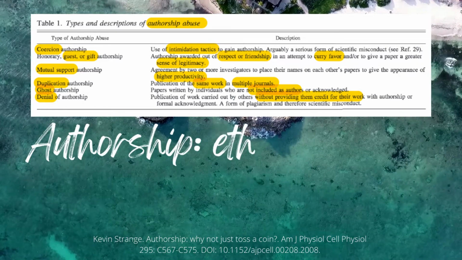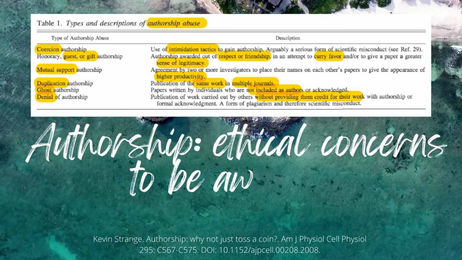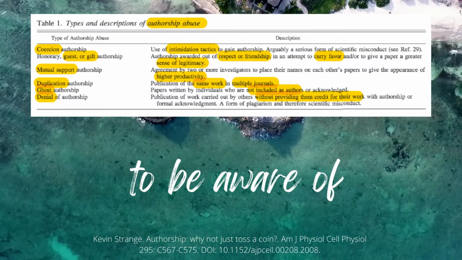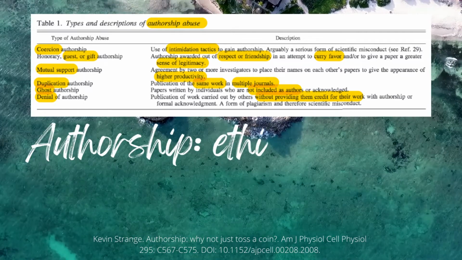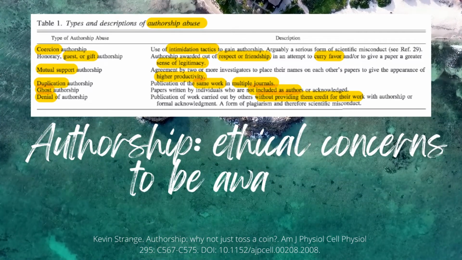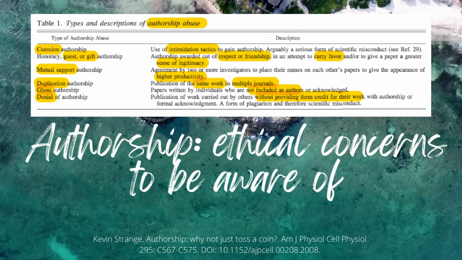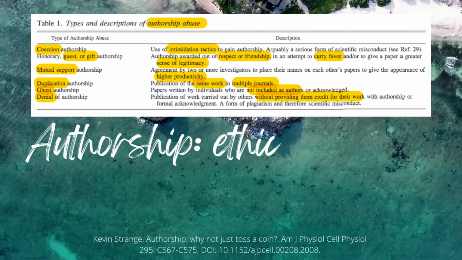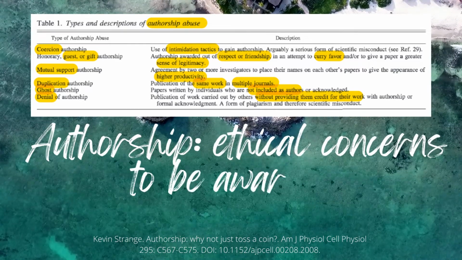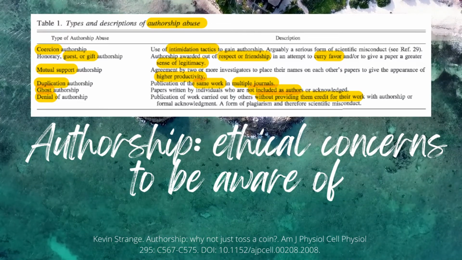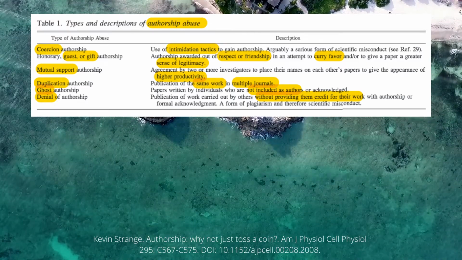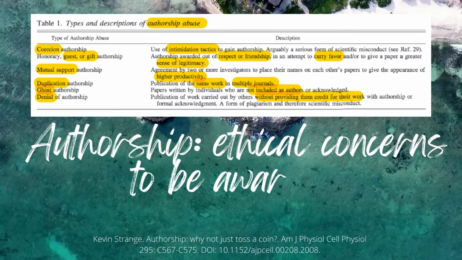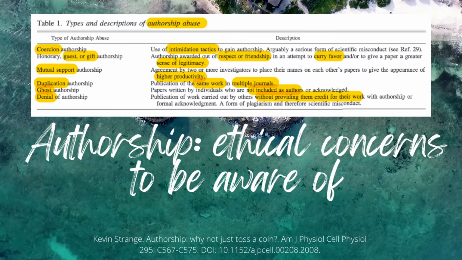Some of the types of authorship abuse are coercion authorship, which is the use of intimidation tactics to gain authorship; honorary guest or gift authorship, which is when authorship is awarded out of respect, friendship, in an attempt to curry favor or to give a paper a greater sense of legitimacy, as in putting the name of one of the most renowned researchers in order to attract readers to that manuscript.